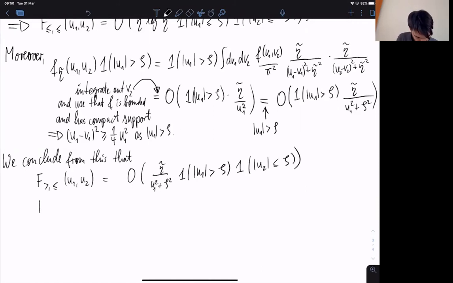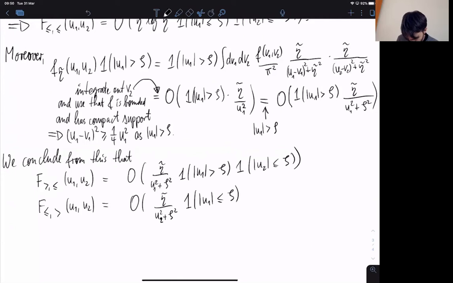The very same thing holds for the smaller-bigger: eta tilde U1 U2 squared zeta squared, now U1 is not too big and U2 is big.